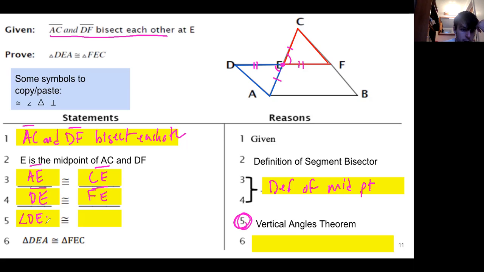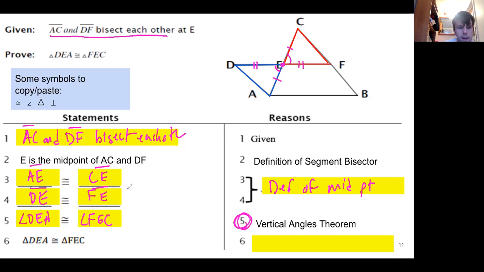Follow the letters that make the angle. And then I'm going to call this other one angle FEC. Remember, when we're using 3 letters, the middle letter has to be the vertex, and if you say the letters and kind of trace the angle, they do need to match one another.